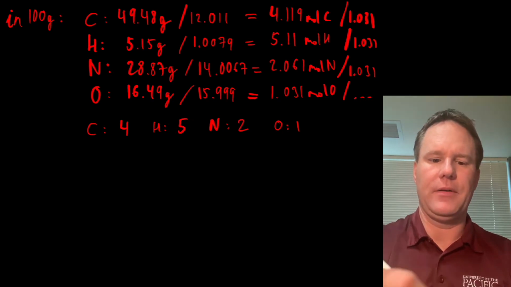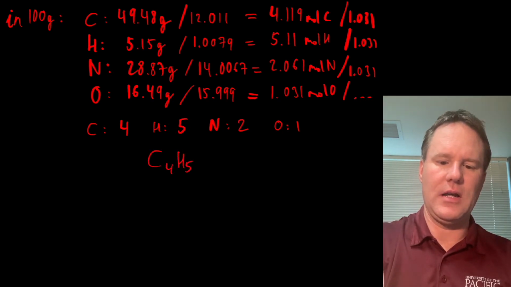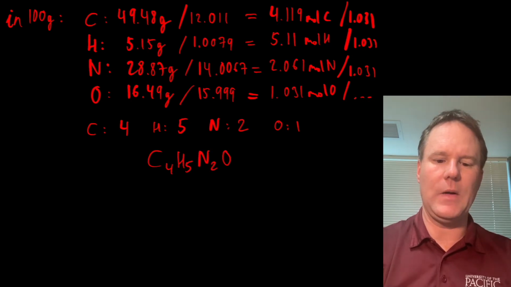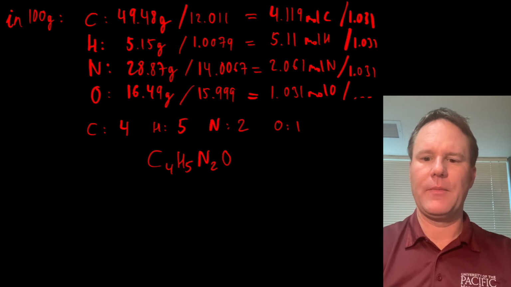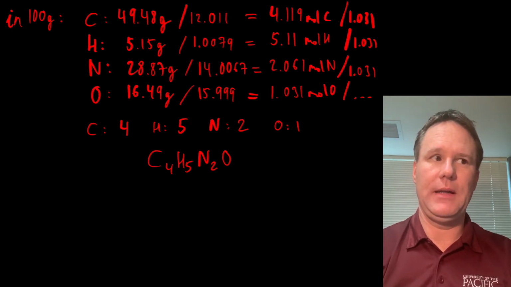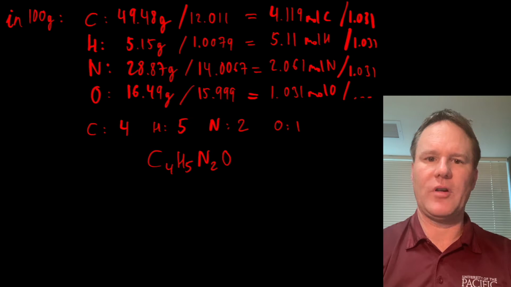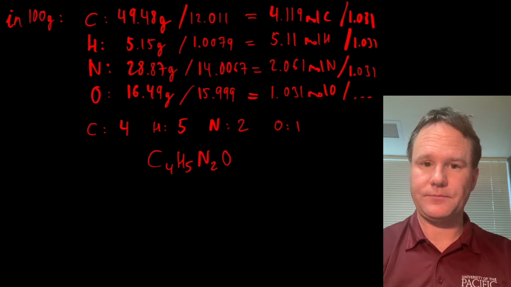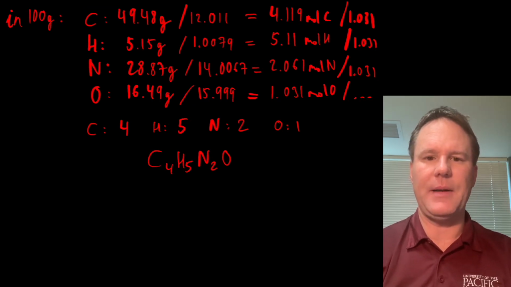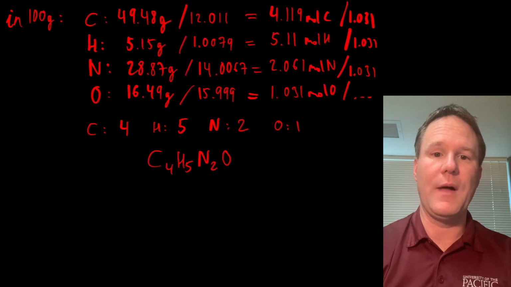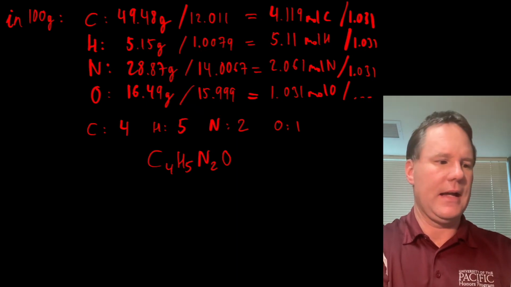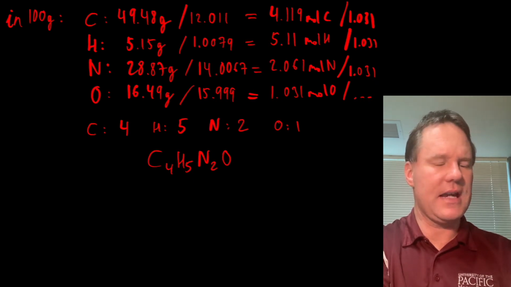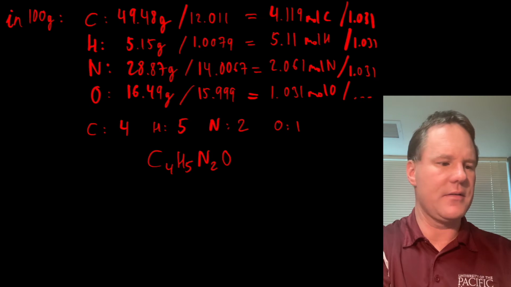So the empirical formula is C4H5N2O. But that's not all. What I also want is the molecular formula. So for that, I have to calculate the formula mass for this, and from the formula mass, see how many times it fits into the molecular mass of 194.2. So I take 4 times carbon, and in this case it's pretty safe just to calculate with the rounded values, because it's got to be pretty close.